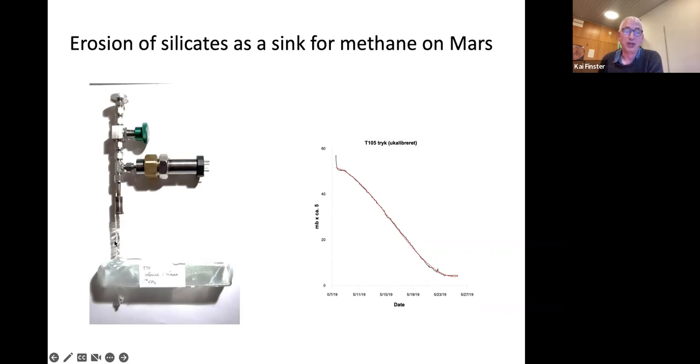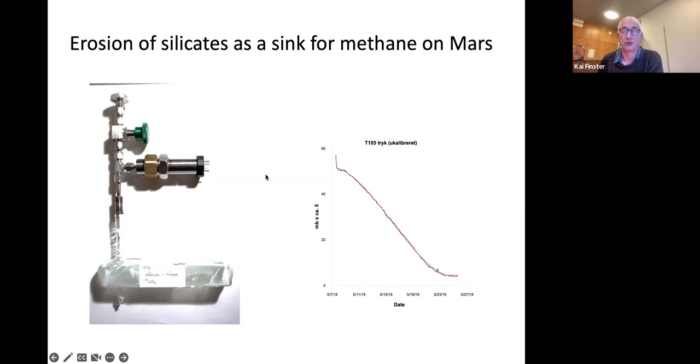We had our ampule. We put on a pressure gauge to measure the pressure because we thought this is maybe an easier way to see whether our methane is removed. It would also tell us if we have a leak, because if we have a leak, then we wouldn't see a decrease in pressure.